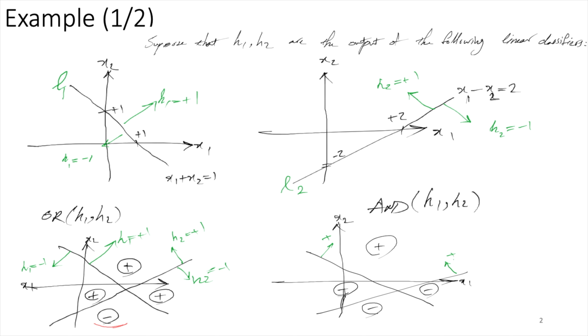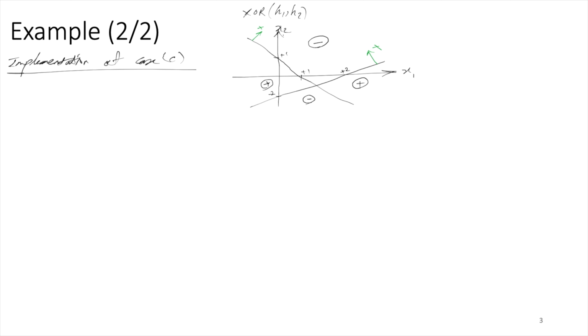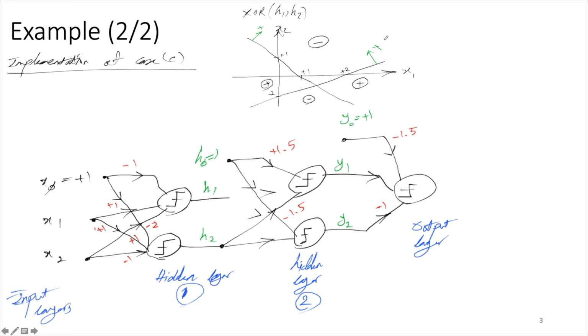All right, now let's see by combining AND and OR, how we're going to represent the XOR function. So that was a 2-line setup, our two H1 and H2. In the case of XOR, we have to stack these two up. So in this case, we're going to have two hidden layers.